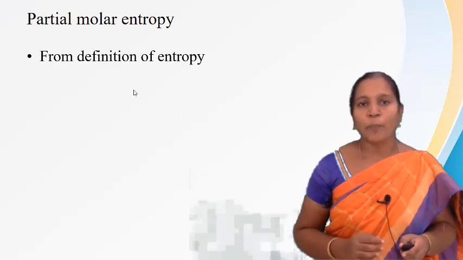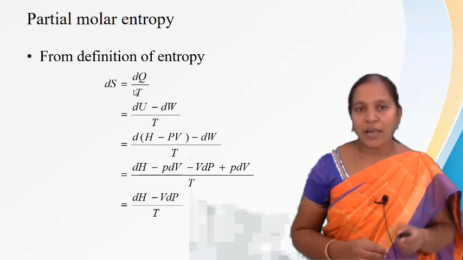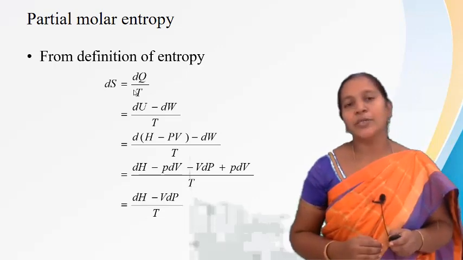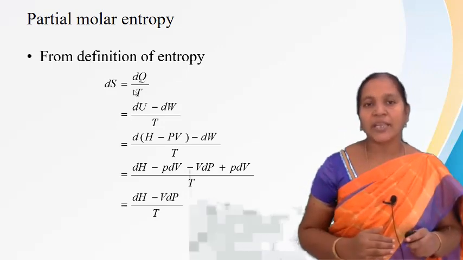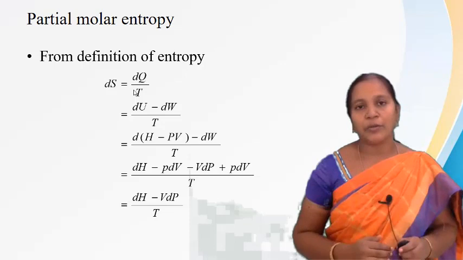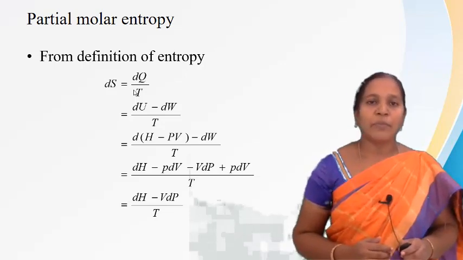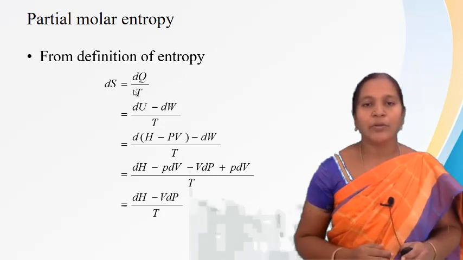Now coming to partial molar entropy. From the definition of entropy, dS is equals to dq by T. From first law of thermodynamics, dq is equals to dU minus dW. Then substitute in place of q with dU minus dW.